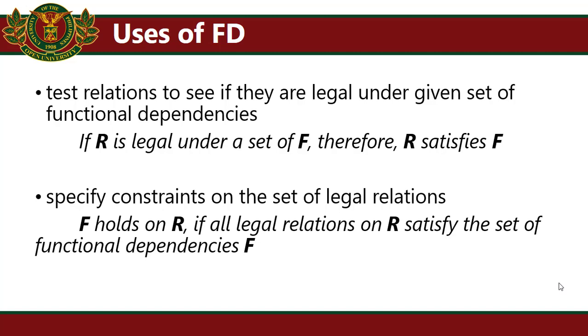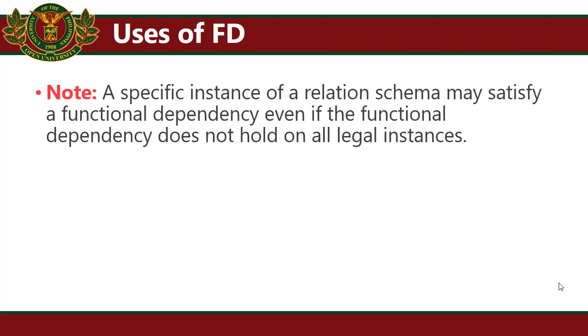We say that F holds on R if all legal relations on R satisfy the set of functional dependencies F. Please also take note that a specific instance of a relation schema may satisfy a functional dependency even if the functional dependency does not hold on all legal instances.